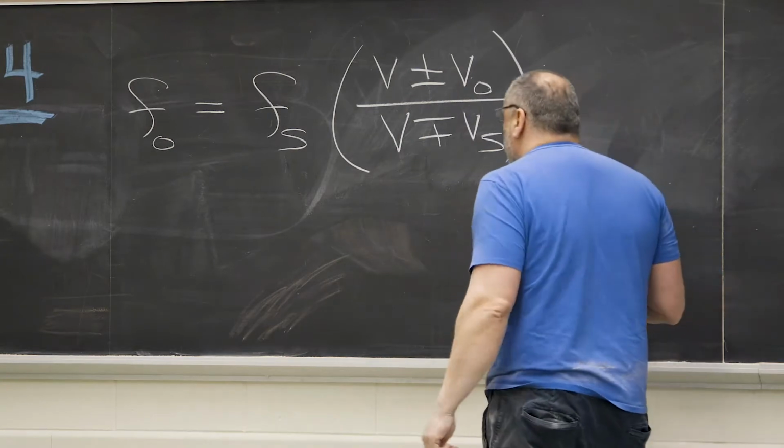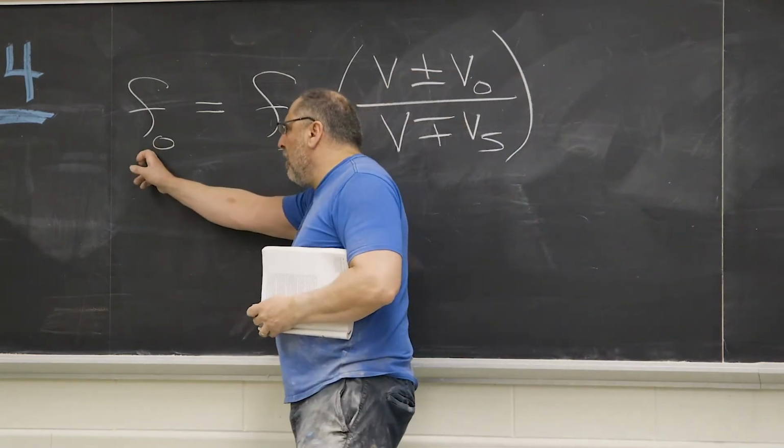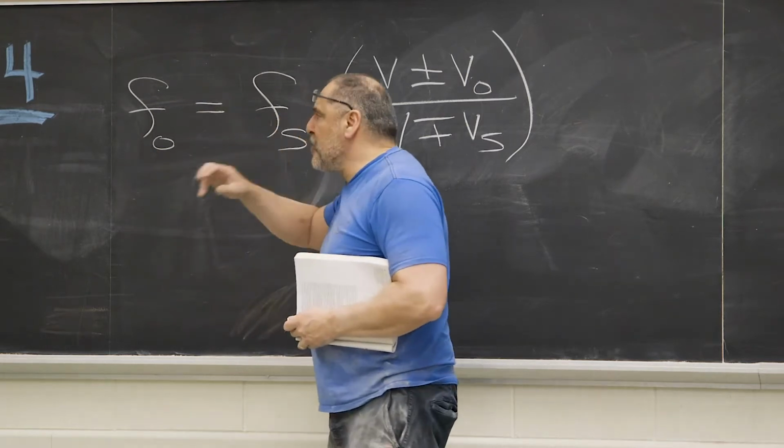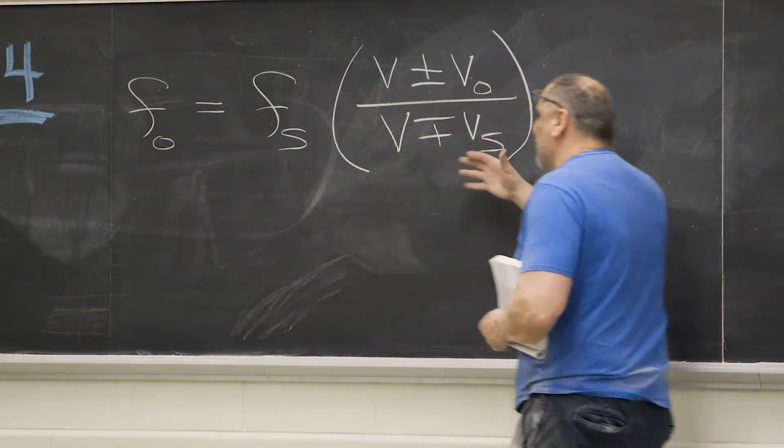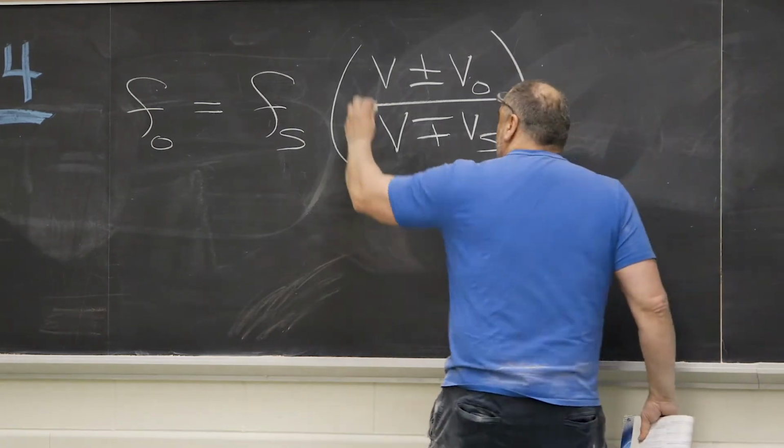Different books write different things here, guys. What's going on here? In my derivation, I'm relatively faithful to this notation, and I've seen this in other books.